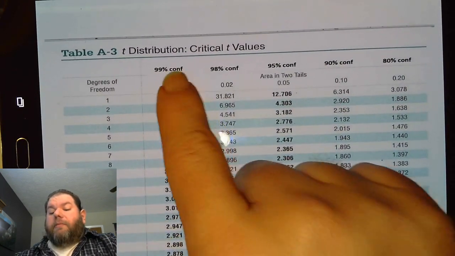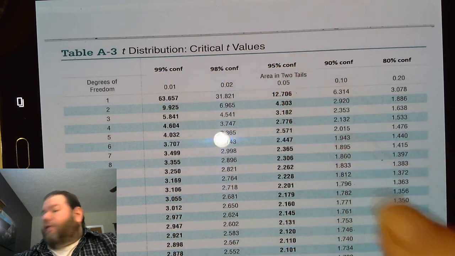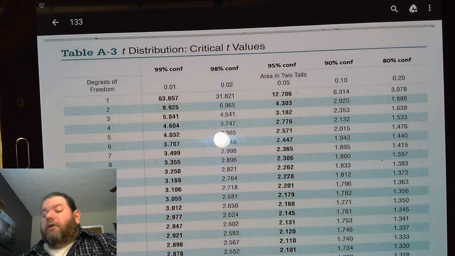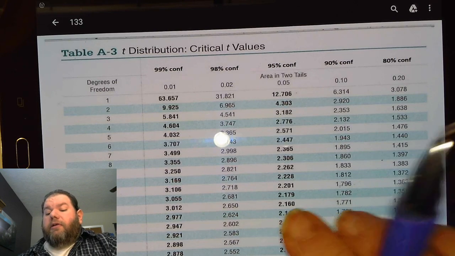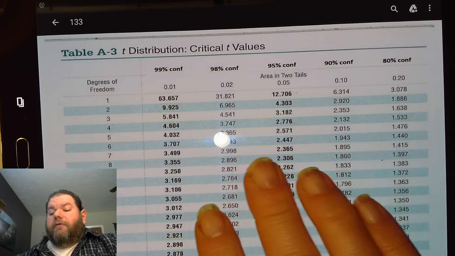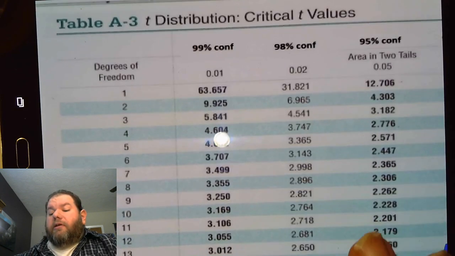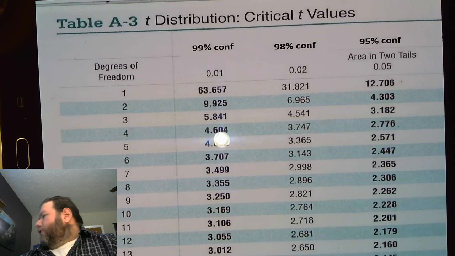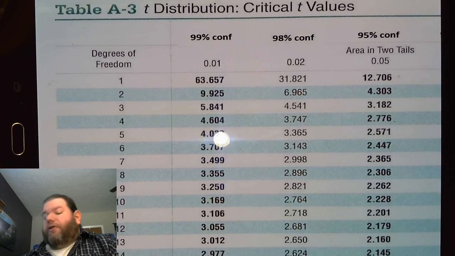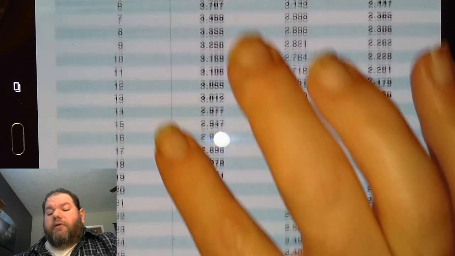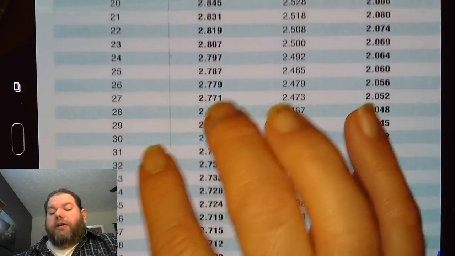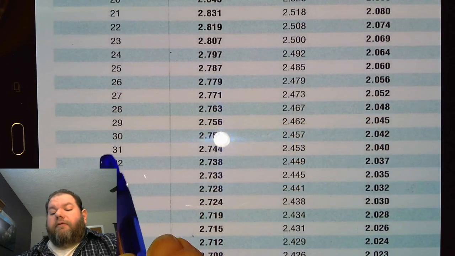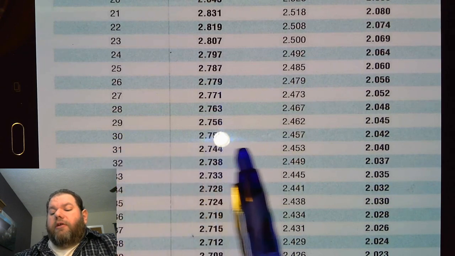Now on the top I've written the level of confidence, 95%. Let me zoom in a little bit. I'll arrange it so 95% is on the right edge here, and then we'll just go down to 29 on the left side, then go across.